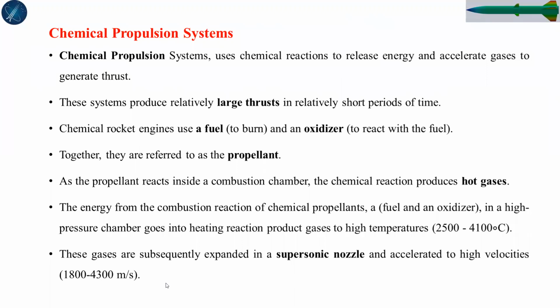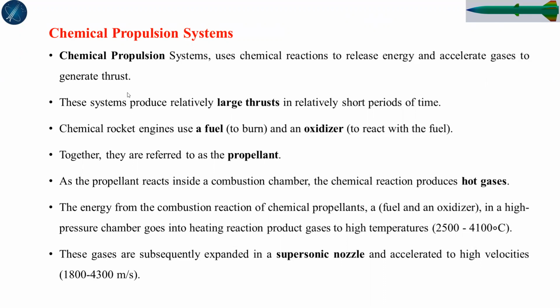So when we come to chemical propulsion systems, it uses chemical reactions to release energy and accelerate gas to generate thrust. Okay, this system produces relatively large thrust in a relatively short period of time.